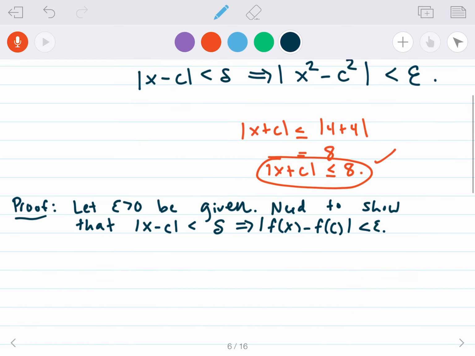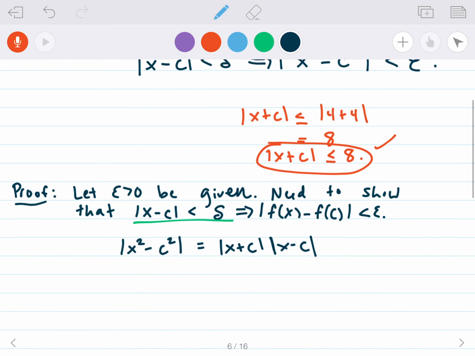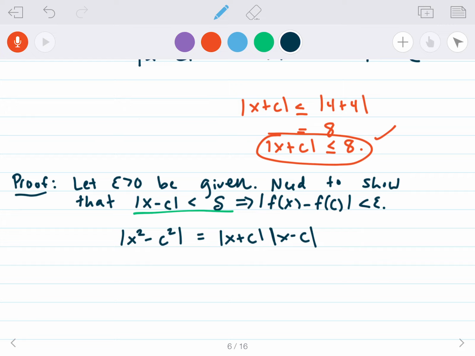All right, so f(x) minus f(c), we have x squared minus c squared, which factors into (x plus c)(x minus c). Oh, I forgot my intermediate step. Sorry. We're going to choose delta to be epsilon over 8. Sorry, I forgot to put that right there.